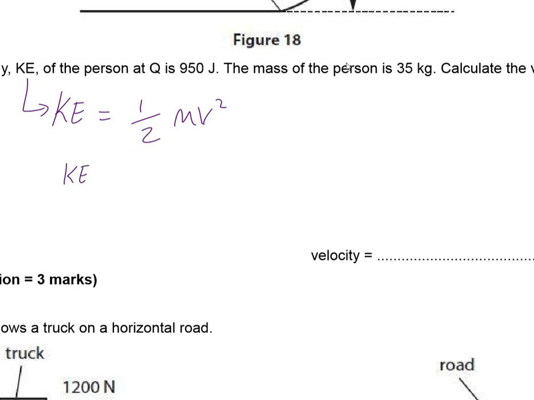We get rid of it, so it becomes divided by half. We get rid of the mass, divided by the mass, to give v squared. Now we're going to take it easy. What is the kinetic energy? It is 950 divided by half. What's the mass? 35. First of all, we do this on our calculator to make our life easy.